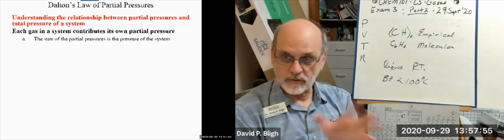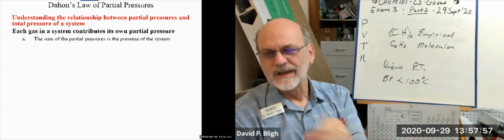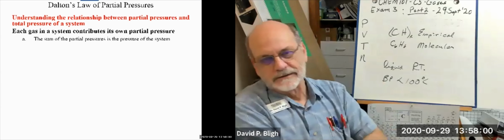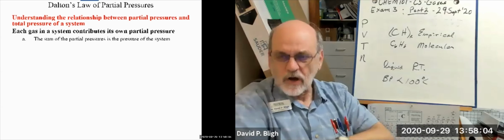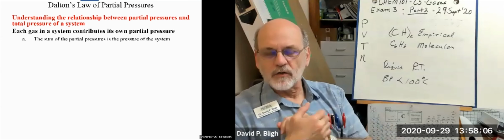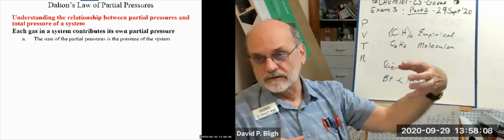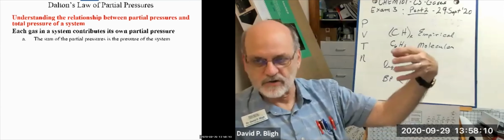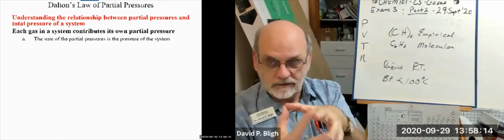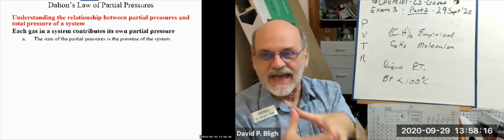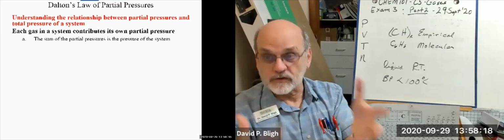So there you have your partial pressure of nitrogen and oxygen, and I'm leaving out some minor components. But this is just to illustrate what we're talking about. So the major component has the higher pressure, and the minor components have lesser pressures. But once you add them all together, they equal the total pressure of the gas under those conditions.